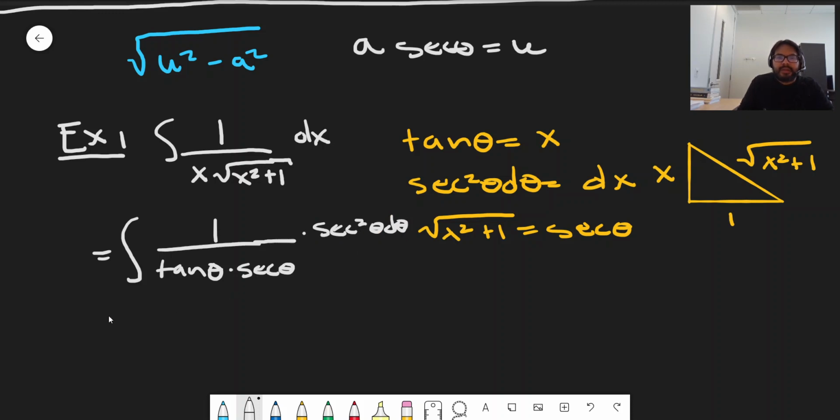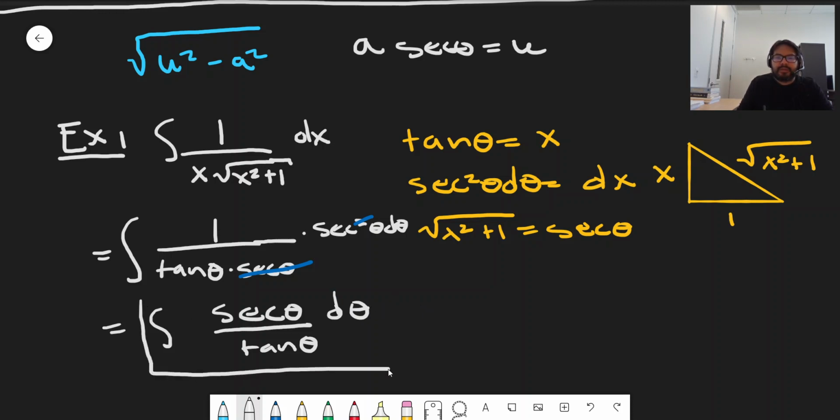Now, we can see that essentially this is going to be equal to the integral of secant, because one of these cancels out, the secant and the power. So it's going to be secant of theta divided by tangent of theta, and this is d theta, by the way. So in this sense, we have this integral that we need to solve.